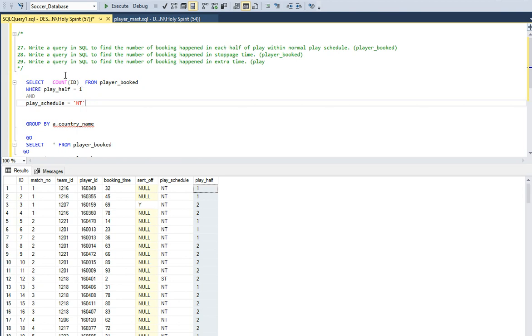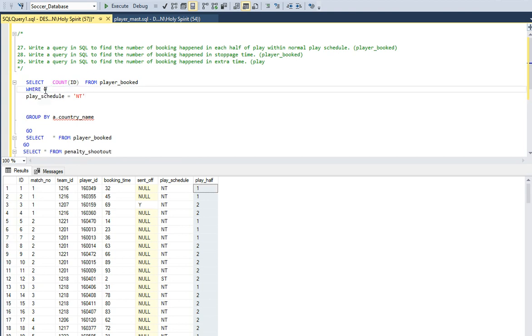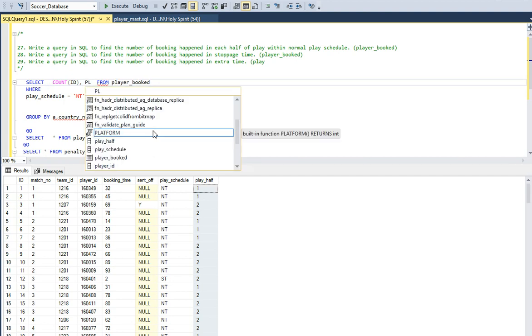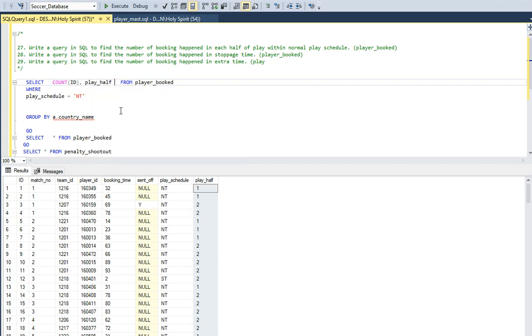In each half of play here it says so. Play half as... okay.